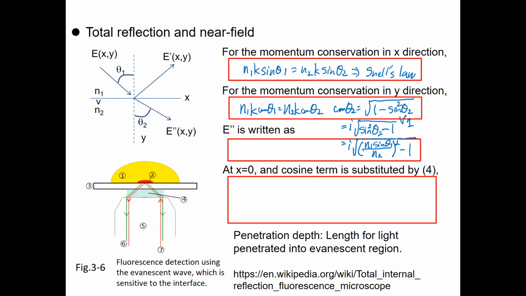Now all the values you can put in here. It's a little bit strange, because cosine theta 2 is now an imaginary value. What does an imaginary cosine theta 2 mean? It becomes clearer if you think about the field E prime.